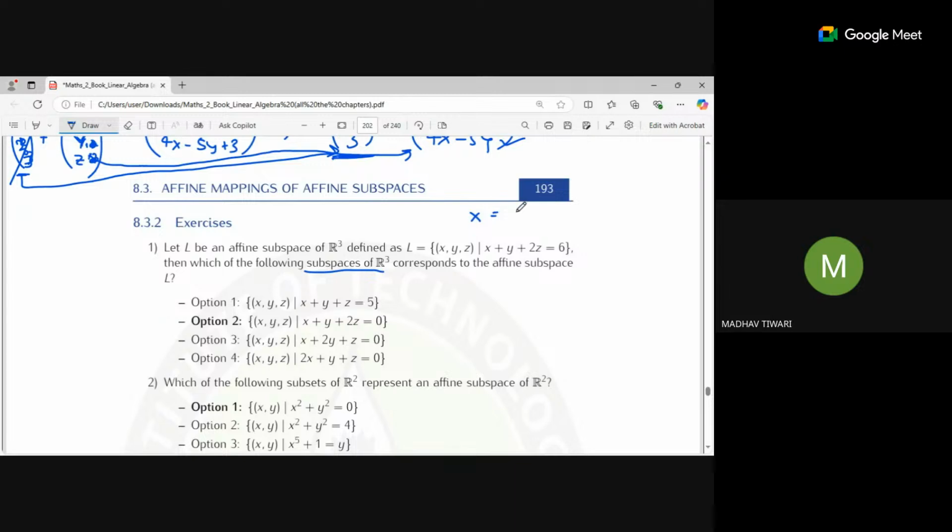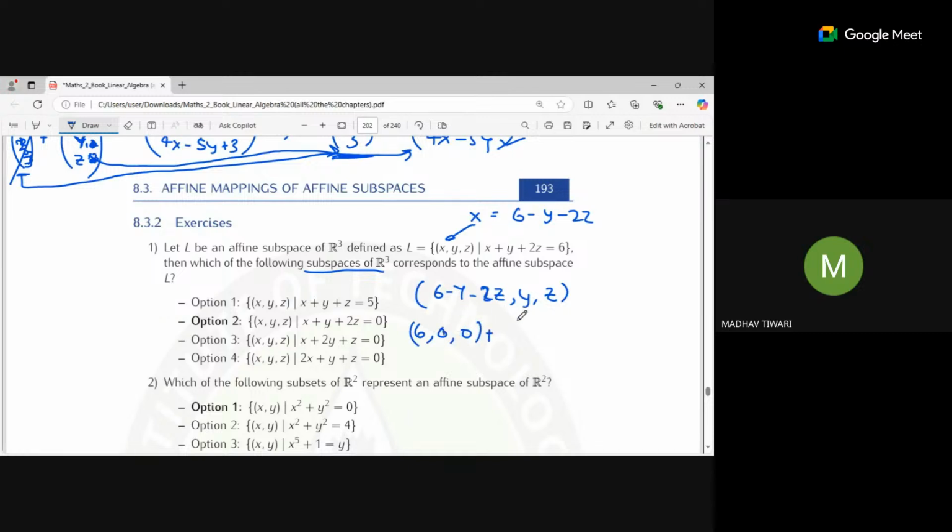So x will look like 6 minus y minus 2z, right? So I can put the x value here. I got all the vectors in this form: 6 minus y minus 2z, comma y, comma z. From here, you can see what my translatory vector is. It is 6, 0, 0, right?